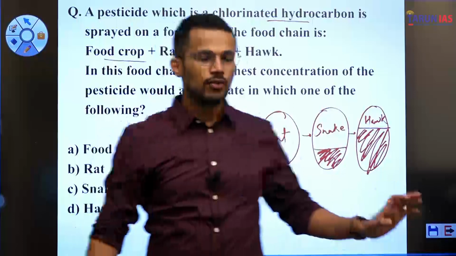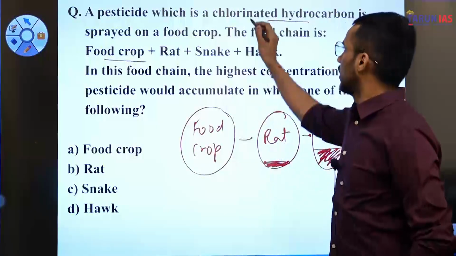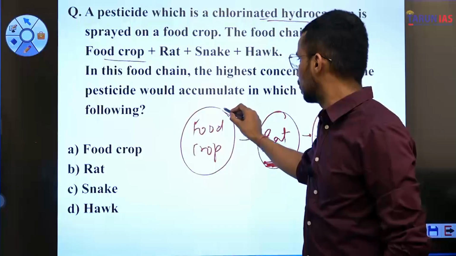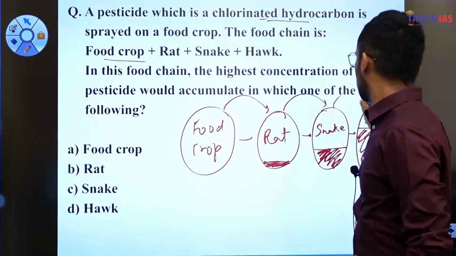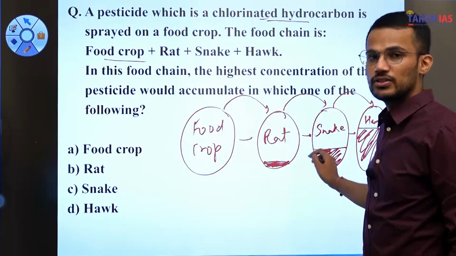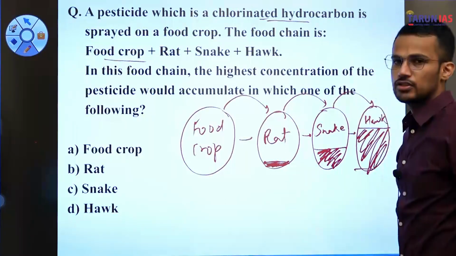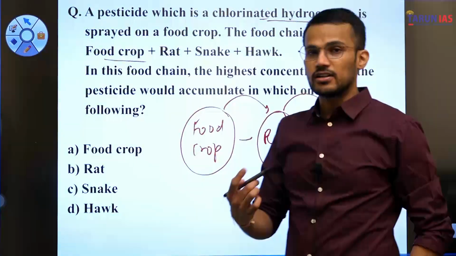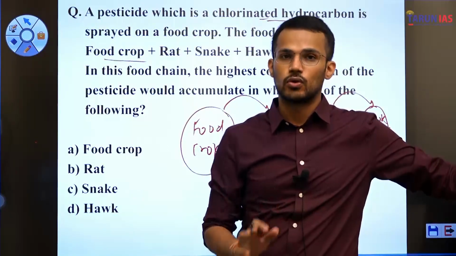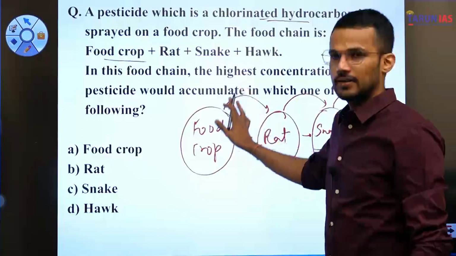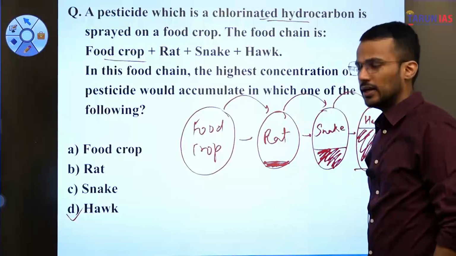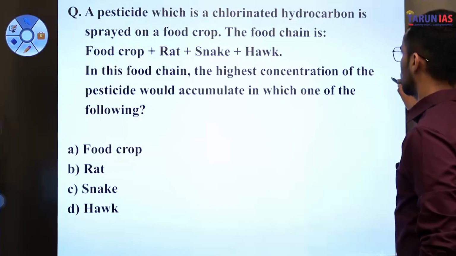And that's why whenever a particular pesticide is sprayed on food crop, and if that food crop is consumed by the primary consumer, which is in turn consumed by secondary, and which is in turn consumed by tertiary consumer, then it is tertiary consumer in which we will have highest amount of concentration of that pesticide. And hence answer to this question is D, hawk, right? So I hope you have understood this question.